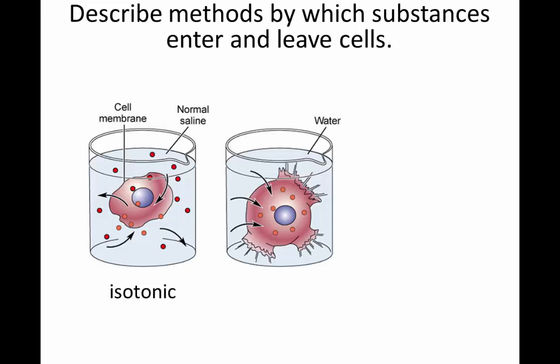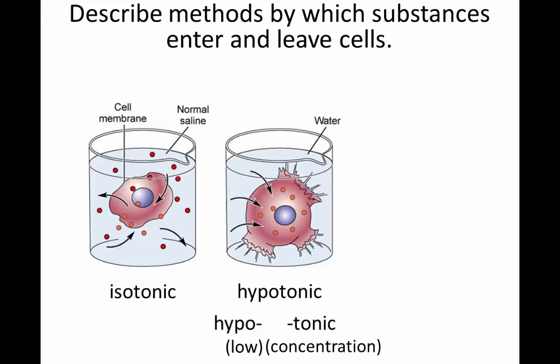We could have a situation where we take a cell and we place it in pure water. This would be a hypotonic solution outside of the cell relative to a higher concentration inside the cell. Hypo means low, and tonic, again, means concentration. And so in this case, the outside extracellular fluid is pure water.